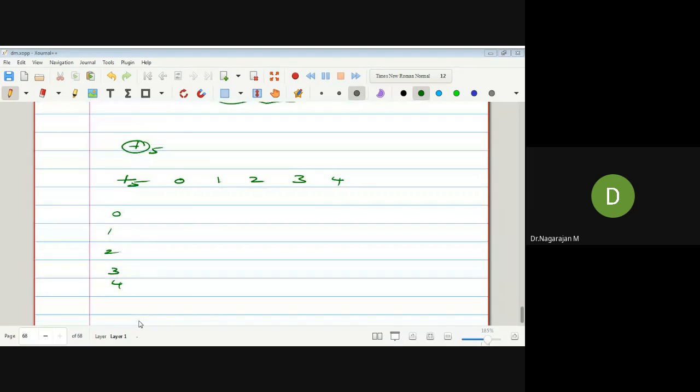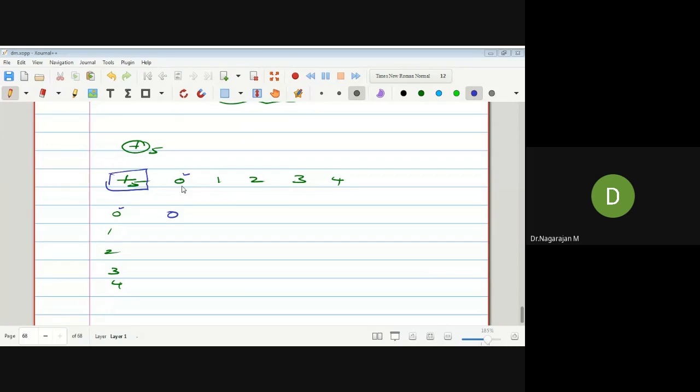So what is the next step? Very easy. Just add this one and this one. What is the value? 0 plus 0 is 0, correct.